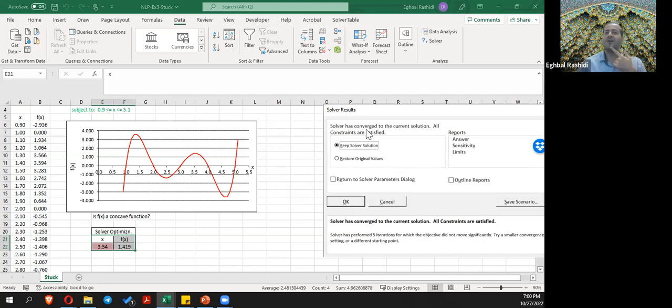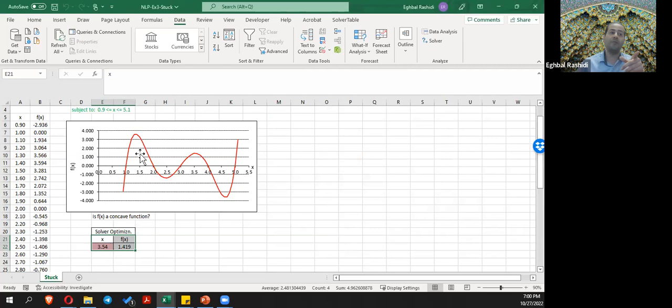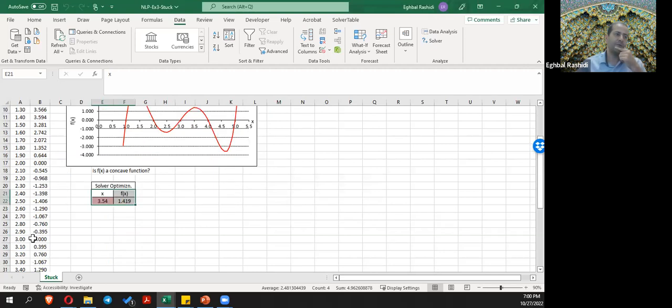So it says solver has converged to the current solution. All constraints are satisfied. It didn't say the optimality condition is satisfied here because it's not sure, right? Because we have a local optimal solution here. It actually found the optimal solution, almost 1.49. No, it actually did not. x is 3.4454. So these are not actually correct values.